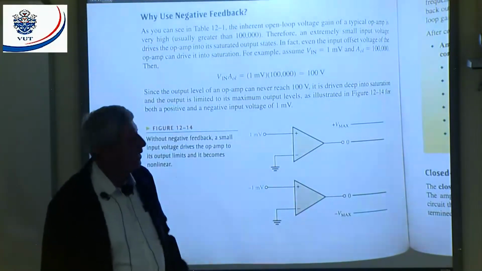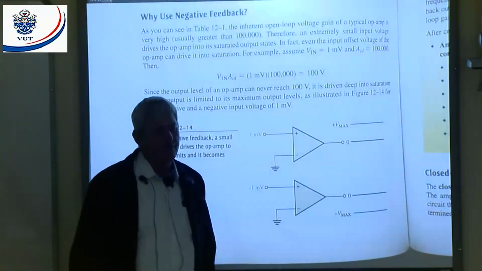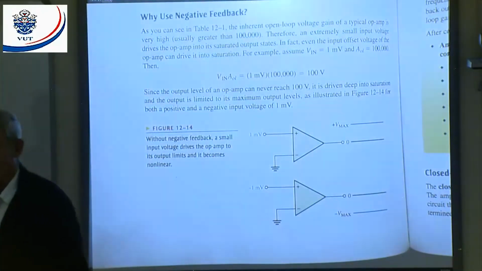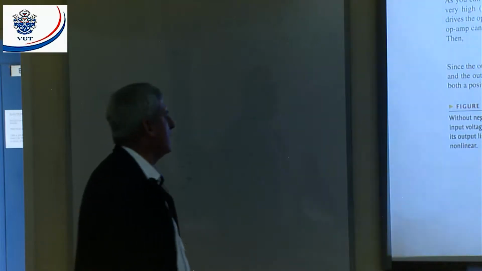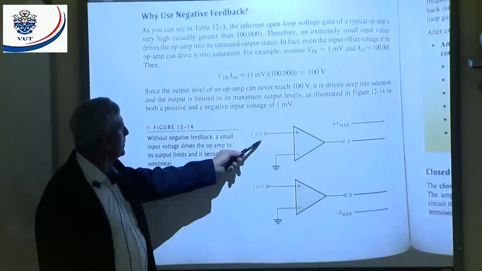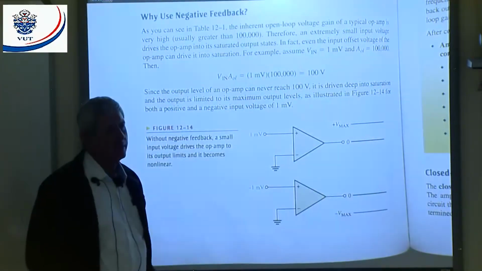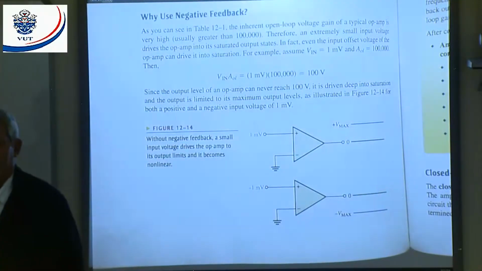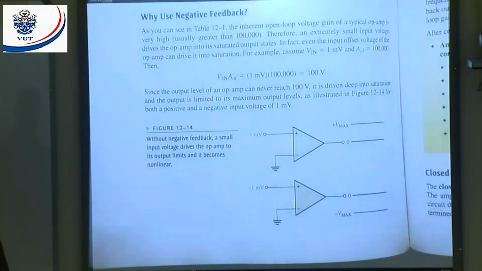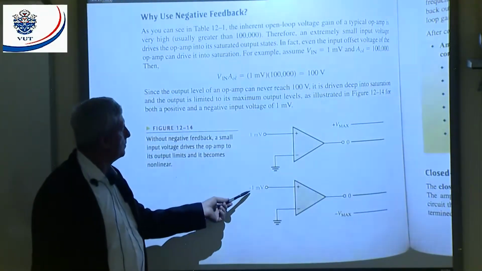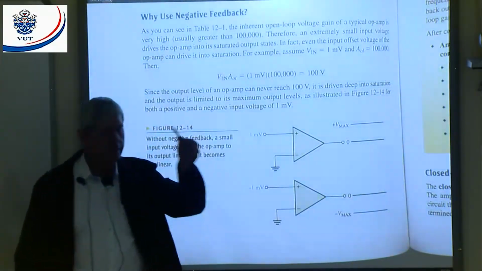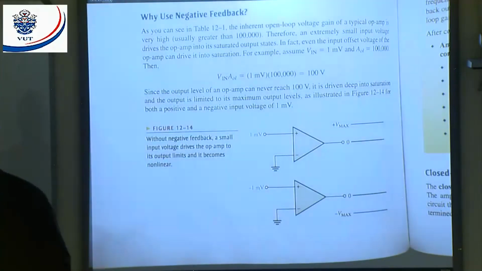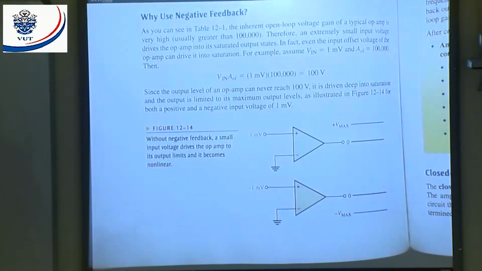Even though according to the input I should go to 100 volts, I won't reach 100 volts. It will be limited by the supply to the device. In the next case, I apply a negative voltage, minus 1 millivolt, also to my non-inverting input. Now it will go maximum negative. That is a device without any feedback.